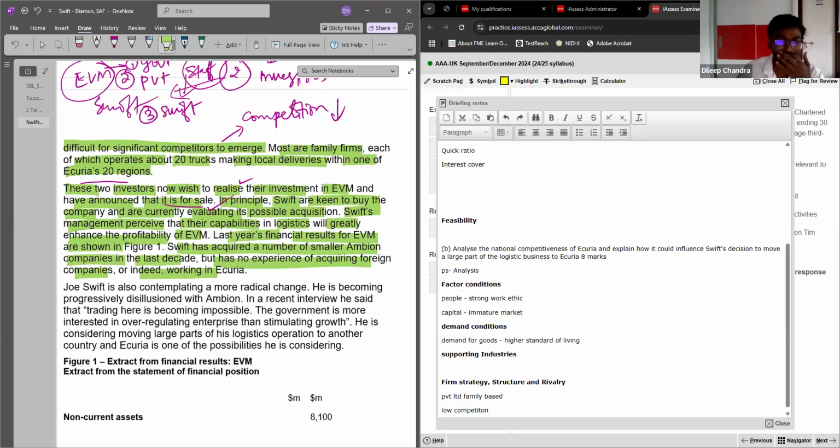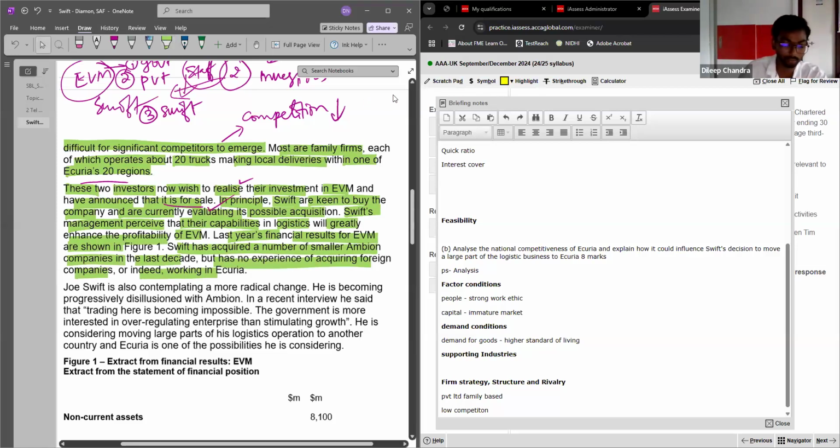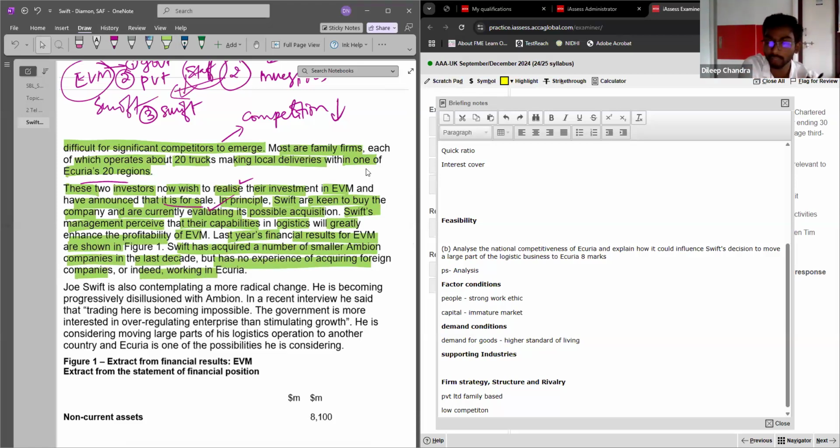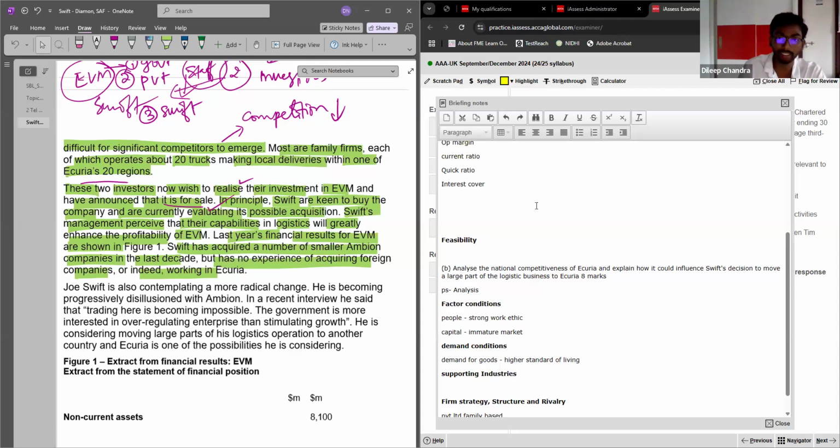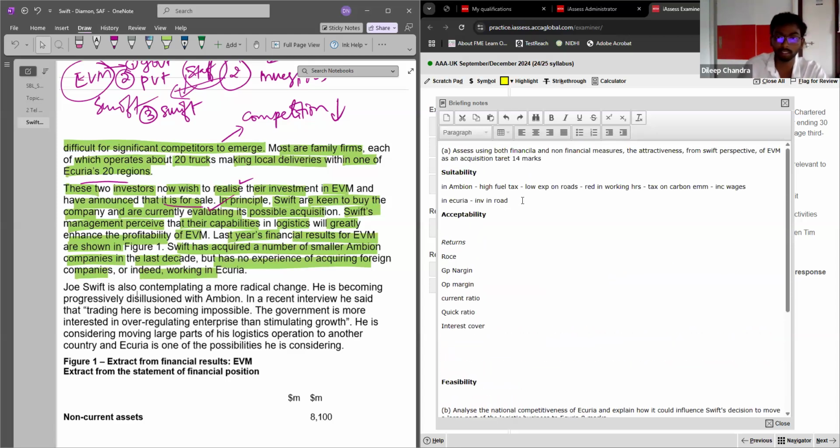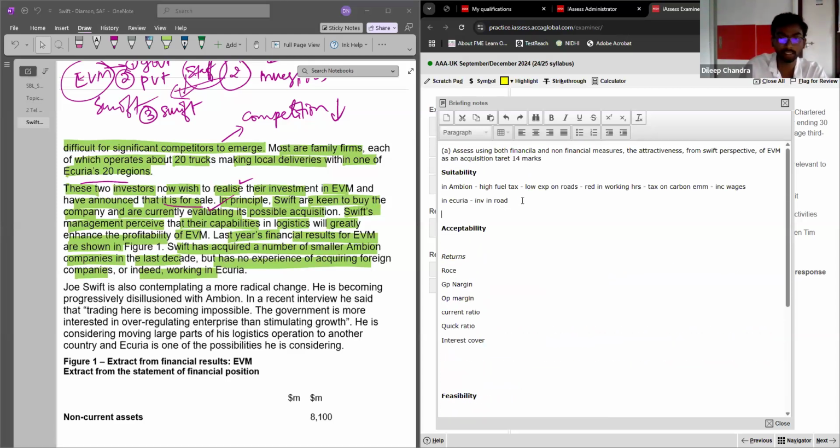Okay, so they do not have that experience in working in another country. So maybe some cultural clashes might happen, right? There may be some culture differences. So in suitability, maybe I'll try to talk about that. So in Ecuria, I'll say culture clash can happen.